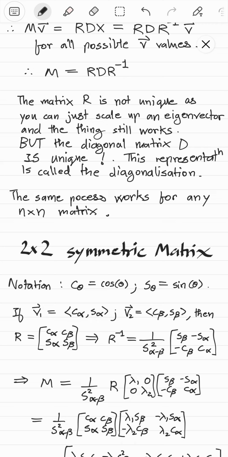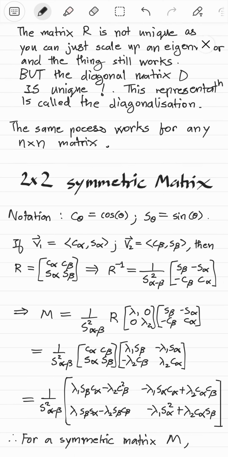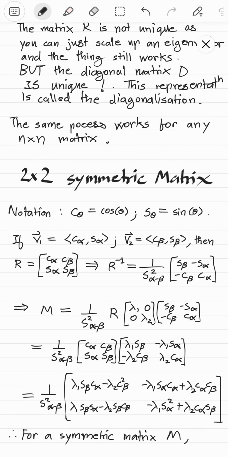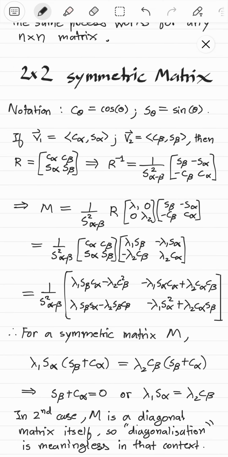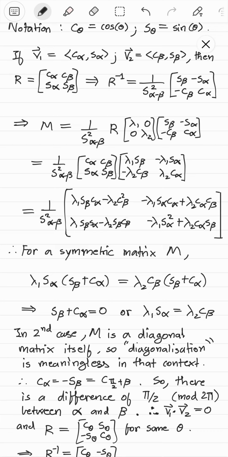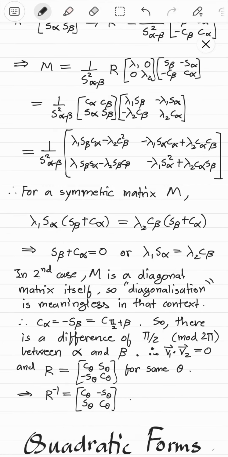So let's just say v1 vector is cosine alpha comma sine alpha, and v2 vector is cosine beta comma sine beta. Then write your R matrix, find the inverse of this thing, write your M matrix, calculate the whole thing, right? And then think about it, when is this matrix going to be a symmetric matrix? Well, that happens when this equation is satisfied, but that can be satisfied for these two conditions.